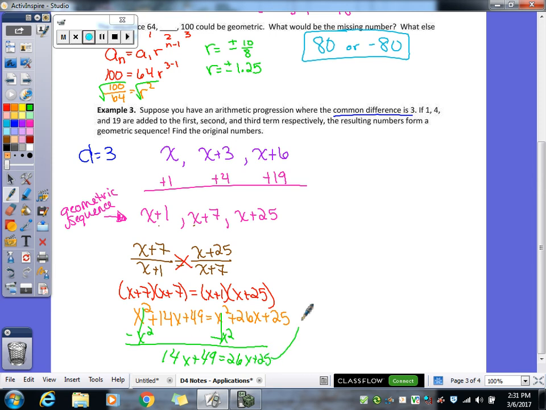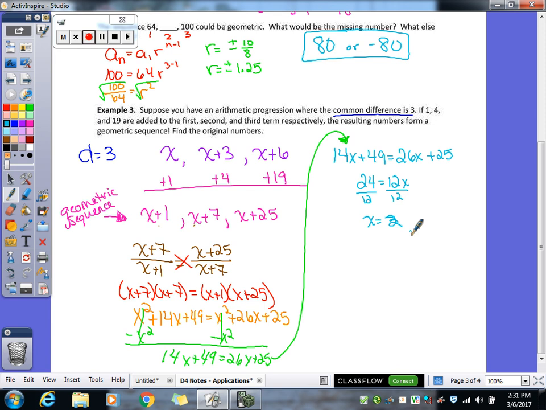Which I don't know why I wrote that all the way down there. I'm going to come up here with it. So I got 14x plus 49 equals 26x plus 25. So I'm going to subtract my 25 over, subtract my 14x over, divide, and we got x equals 2.